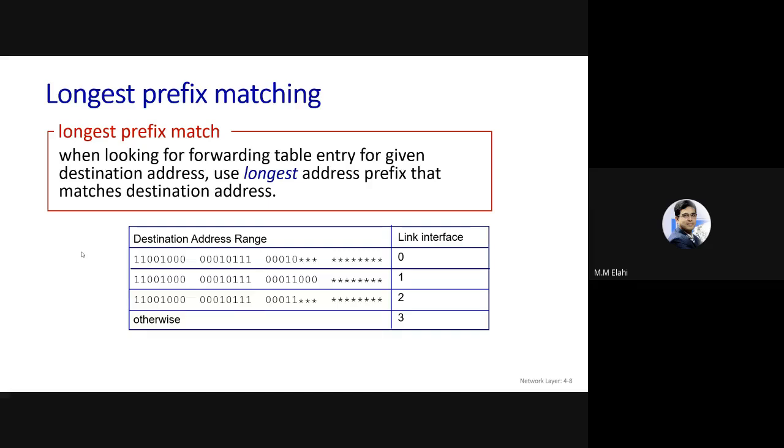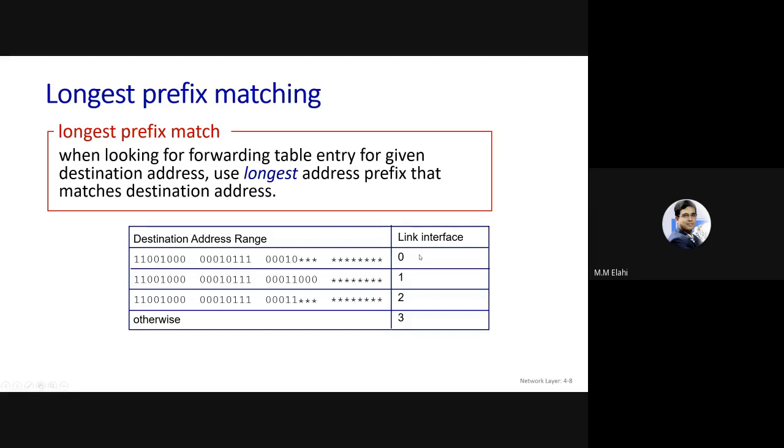For example, it will first match with the first entry. The first entry says how many bits in the network part? 21. If anybody has any question, please ask, I am taking time. This means 21 bits network, because these 21 bits are fixed and the rest are don't care. Anything can be there, but these 21 bits must match to forward the packet to interface 0.